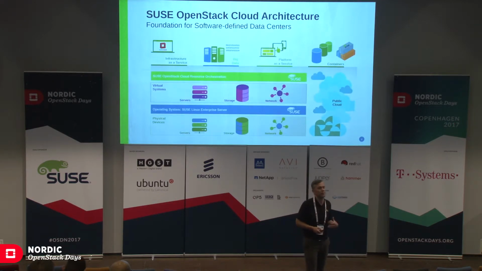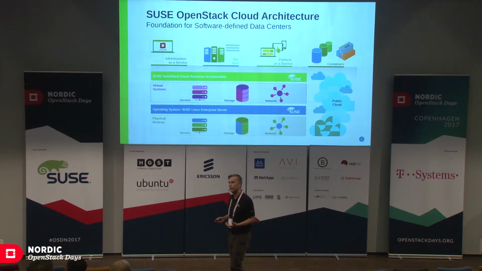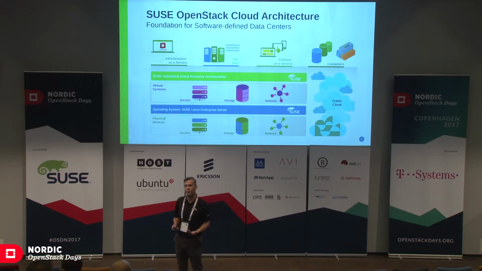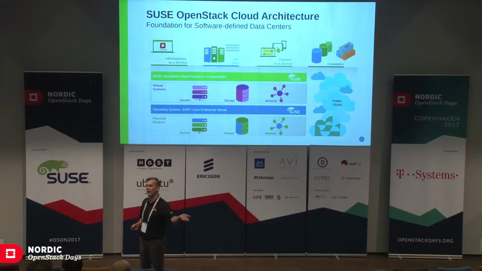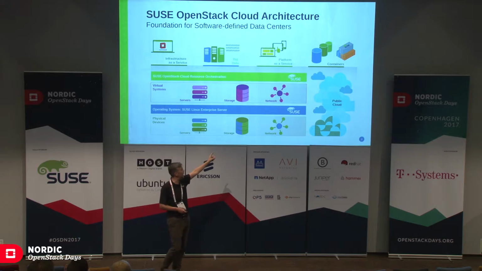How does that fit when you've got a model where we are talking about much more agile capabilities within our platform? So moving from hosted through to cloud native solutions. And really that's where this slide comes in. So just to explain, we're talking about physical infrastructure being abstracted as virtual systems by an orchestration layer of OpenStack.